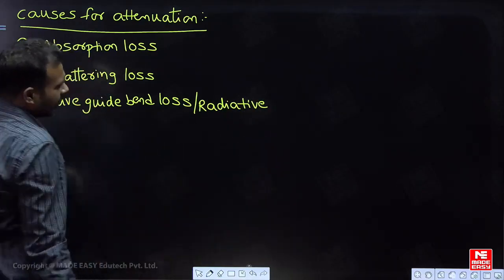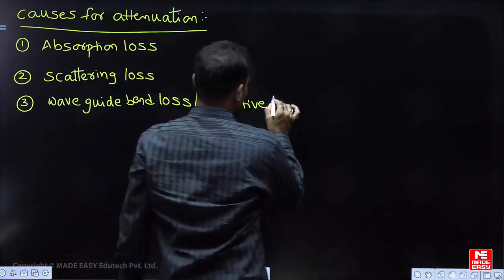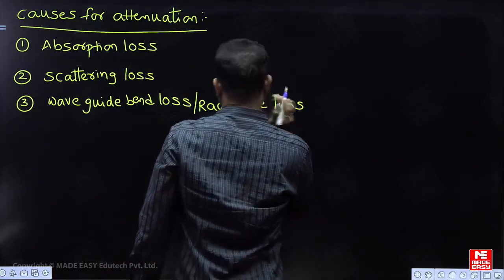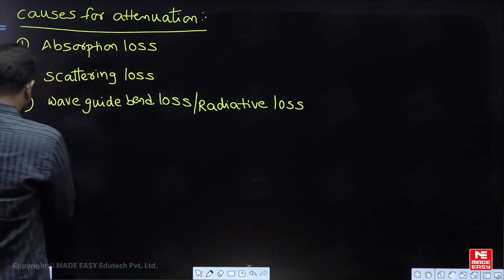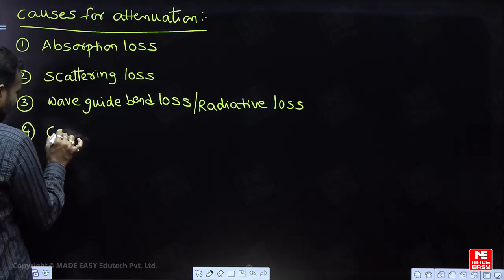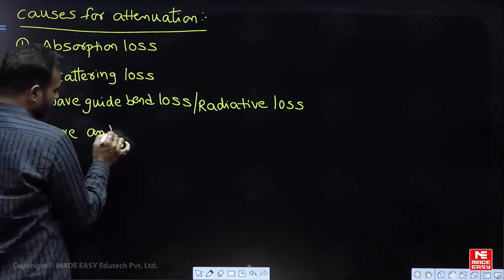The fourth point is called core and clad loss.